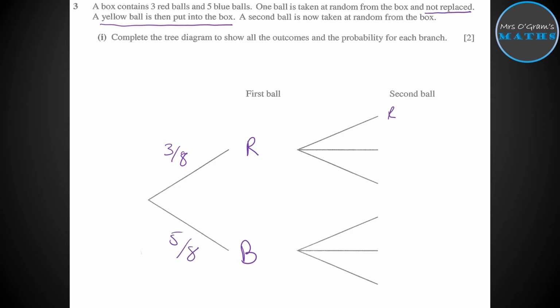Then we could have red, yellow, or blue. If we've taken out a red, there'll be 2 reds left, 1 yellow, 5 blue. If we've taken out a blue, there'll be 3 reds left, 1 yellow, and 4 blue.